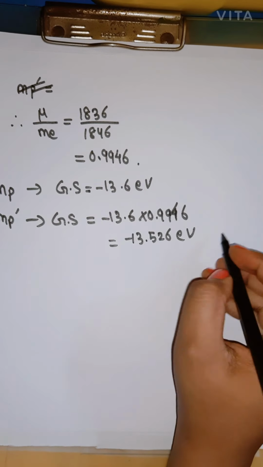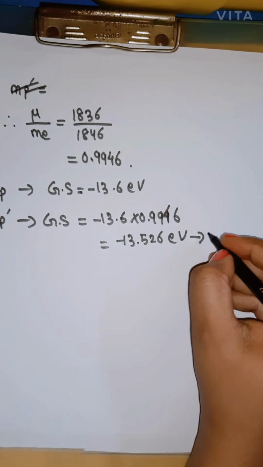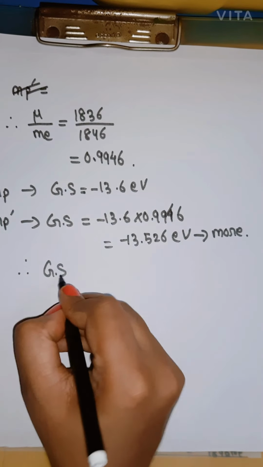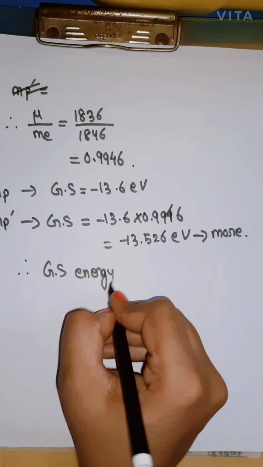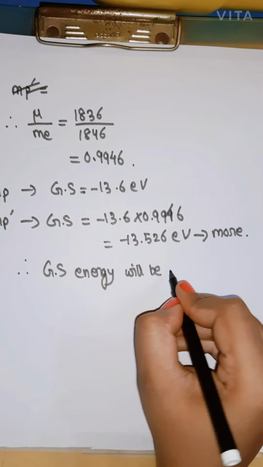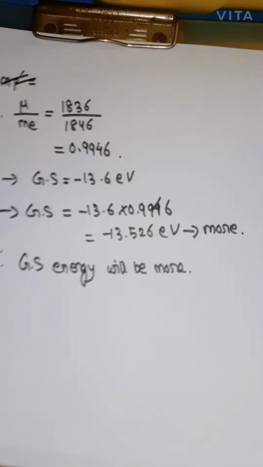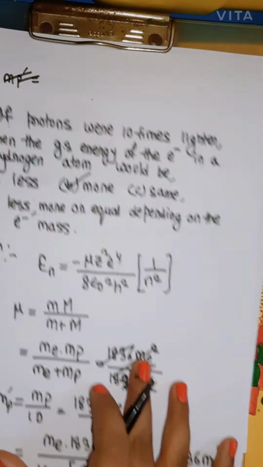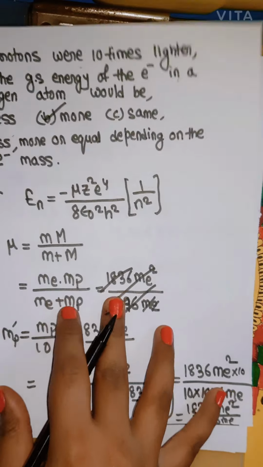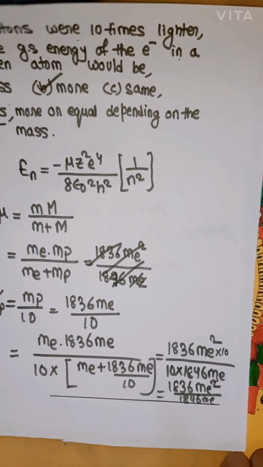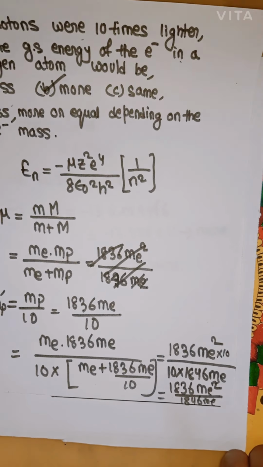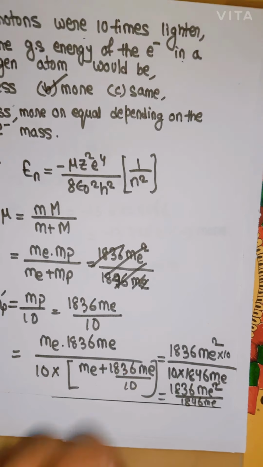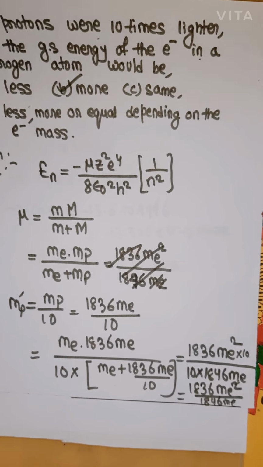Clearly we can see that here the ground state energy is more. So we arrive at the conclusion that the ground state energy will be more. What we have done is we only had to calculate the reduced mass, and the reduced mass means converting a two body problem into a one body problem.